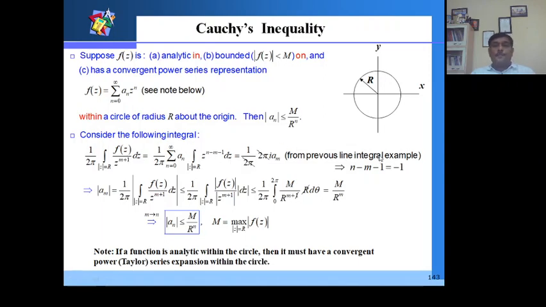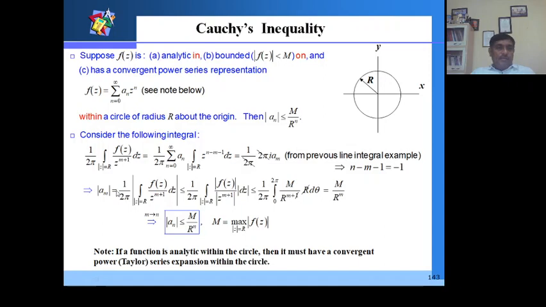If you rearrange using the line integral, when n minus m minus 1 is minus 1, this becomes independent of path, that is 1 by z. You get dz, that is the circle, 1 by 2 pi i into 2 pi i into a m. A m and a n are the same.